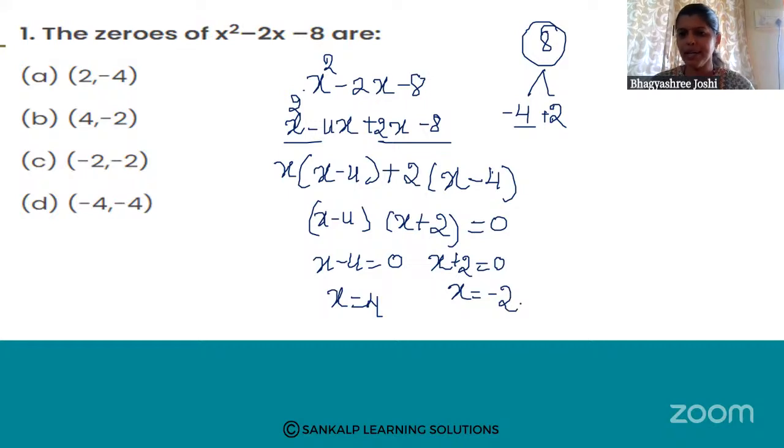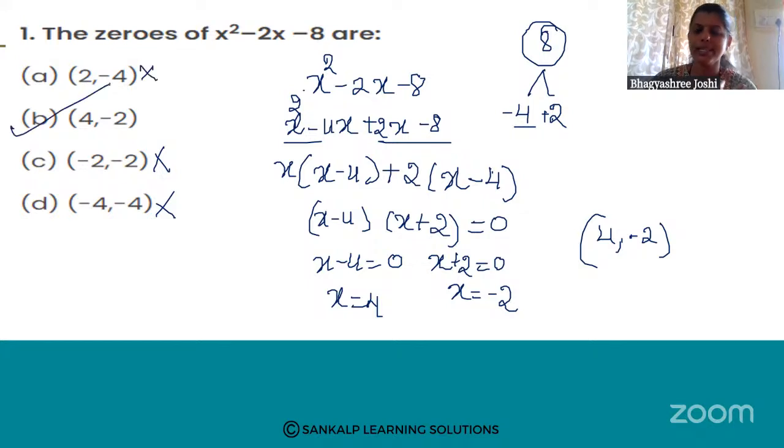I will get, right? x is equal to 4 and x is equal to minus 2. So, zeros are 4 and minus 2. So, which option is right here? 2 and minus 4; 4 and minus 2; minus 2, minus 2; minus 4, minus 4. These two options are totally wrong. And in the first option, we want minus 2, here minus 4 is there. This is also wrong. So 4 and minus 2, option B, is right.